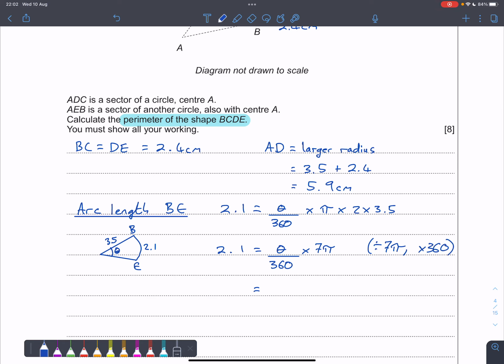If I do that, I get theta equals 2.1 divided by 7 pi, and then I multiply my answer by 360. That gives me 34.4 degrees. So I now have my value of theta. I'm storing that in my calculator. I'm definitely not pressing the on button because I know I need to use this again.